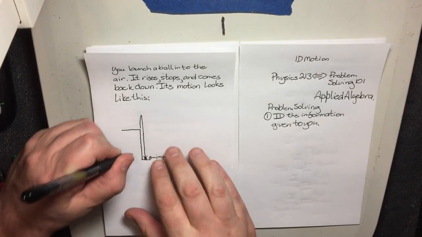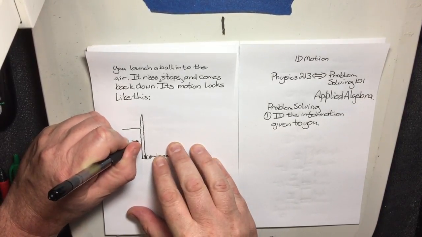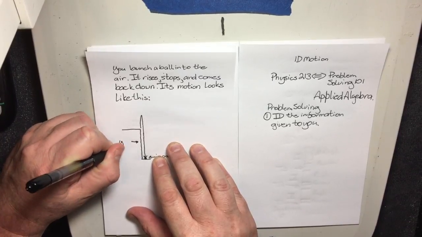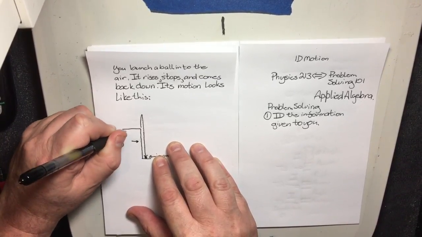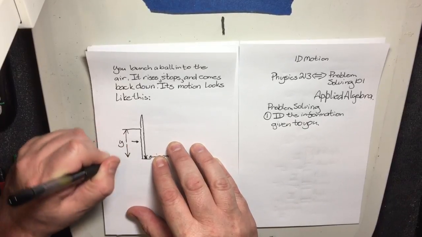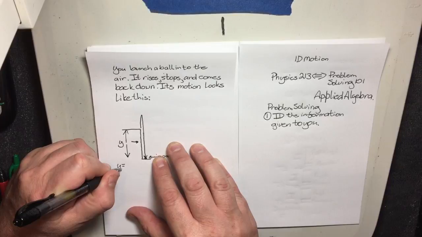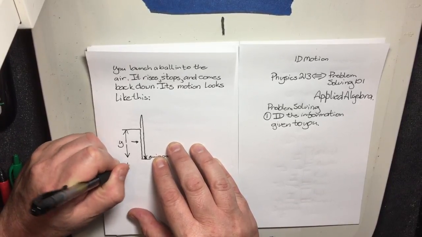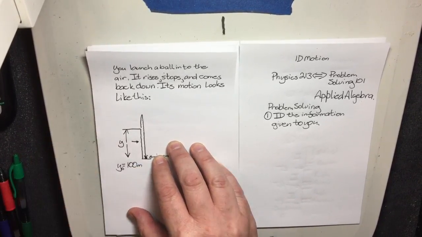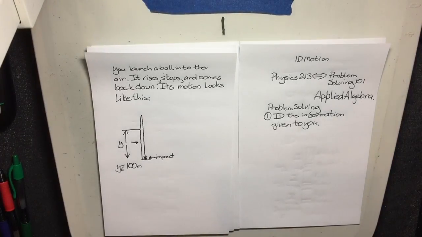Or I would say, oh, I'm sorry, the height of the cliff, we'll say this height here, let's make it, why not, 100 meters. So I'm going to give you that information.